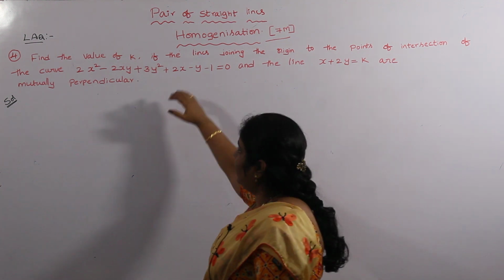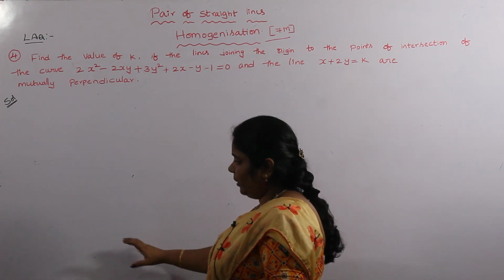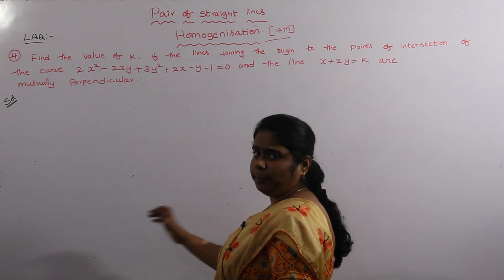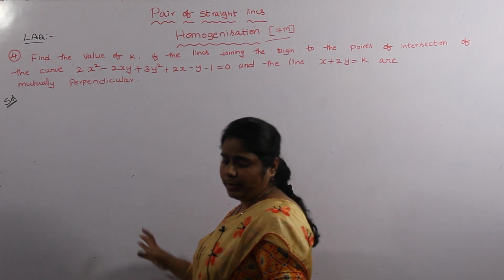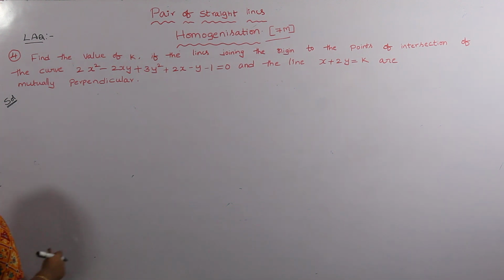First of all, this equation is converted into a homogeneous equation. From that we get the a, b and 2h values. Up to that, the process is the same for all problems. First we take the homogenization.